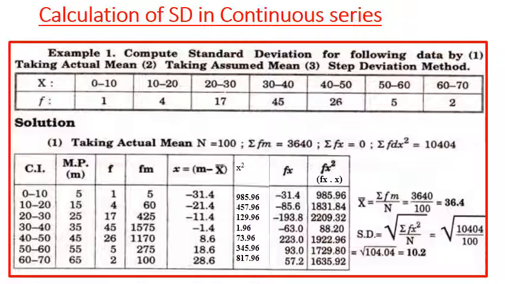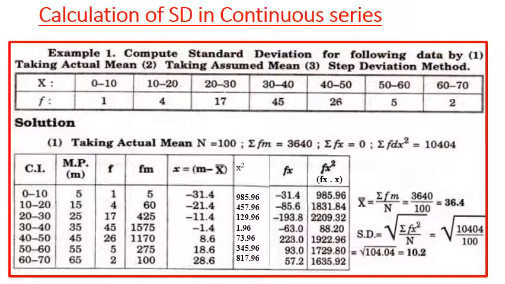Then fx, f multiplied by x, where x here is m minus x bar, the deviation. The f column: 1 into minus 31.4, 4 into minus 21.4, 17 into minus 11.4, 45 into minus 1.4, 26 into 8.6, 5 into 18.6, 2 into 28.6. And you will get this fx column.